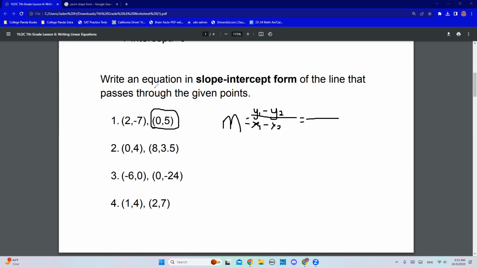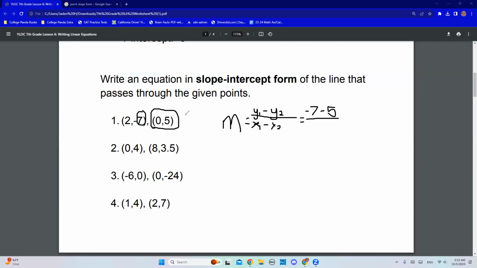So you just plug in the x values in the denominator and the y values in the numerator and you subtract. So negative 7 minus 5.